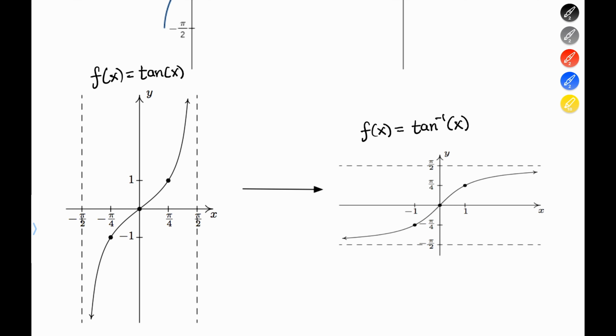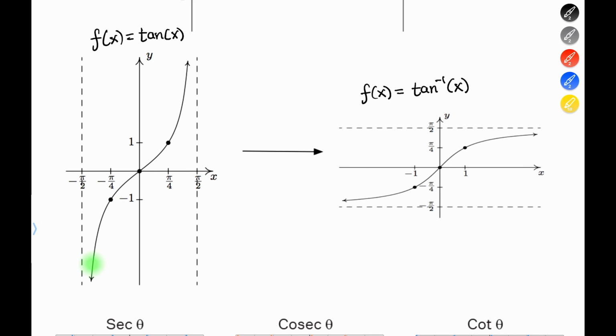For tan of x, if we look at this segment, it is one-to-one, but we know that tan functions have several of these, and they just keep on going. So if we restrict the domain, in this case from negative pi over 2 to pi over 2, similar to sine's domain, then we could get an f inverse of this.